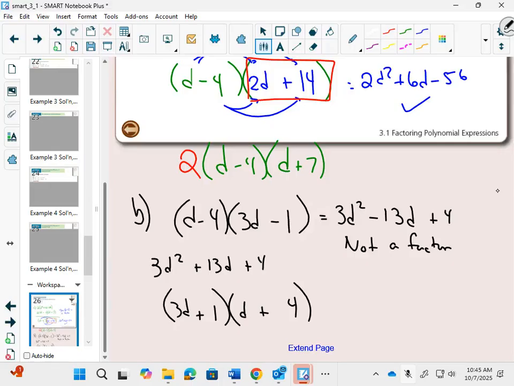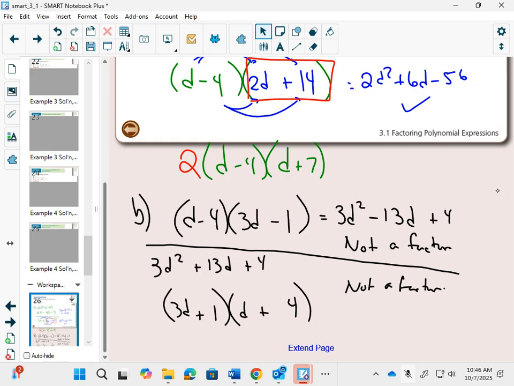So the factors are 3d plus 1 and d plus 4. D minus 4 is not a factor. That's method 2. So here's method 1. Method 2 is you actually factor it and check the answer. If it works, then it is. If it doesn't, then it is not.